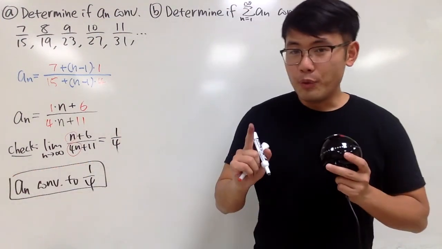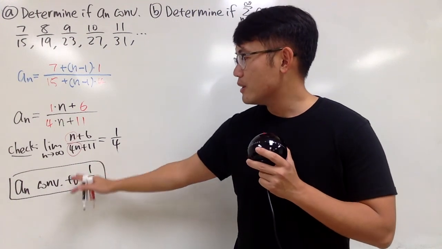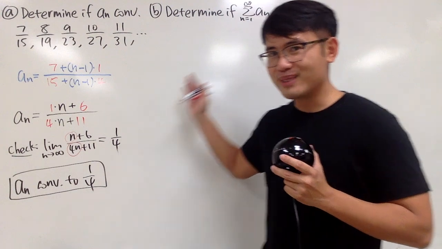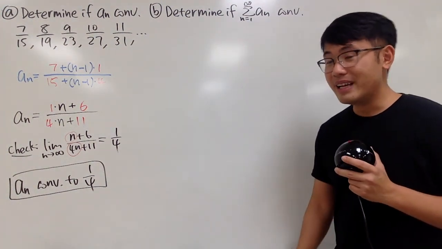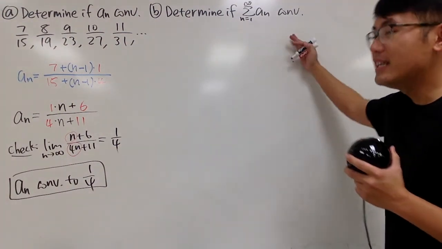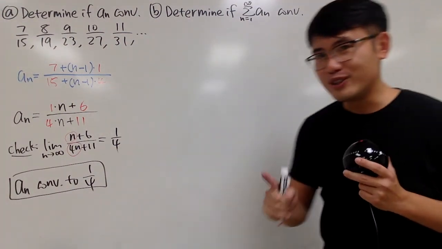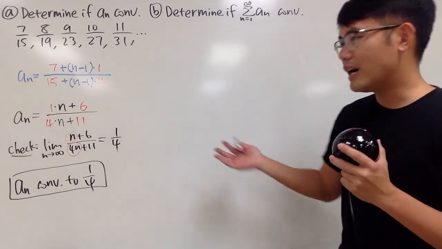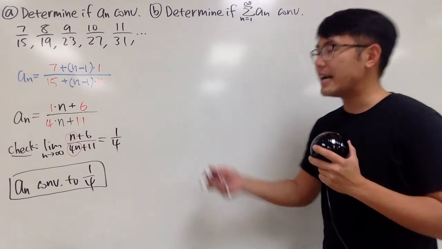And now, when we get the limit of a_n goes to 1 over 4, what can we say about this right here? This 1 over 4 is a happy face because this right here diverges since this right here is not equal to 0. That's it. You don't have to do anything fancy. And here's the idea.